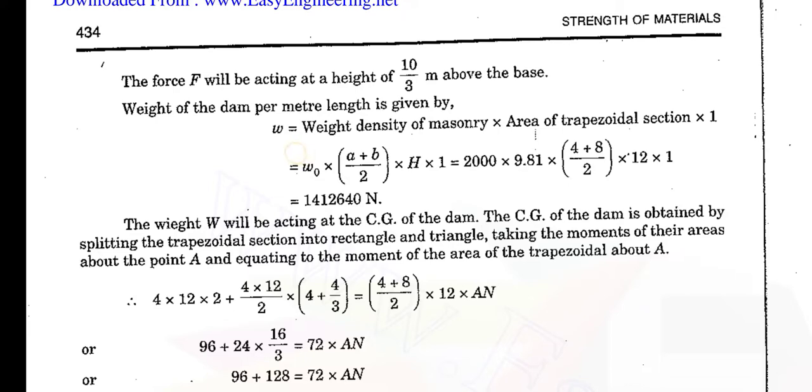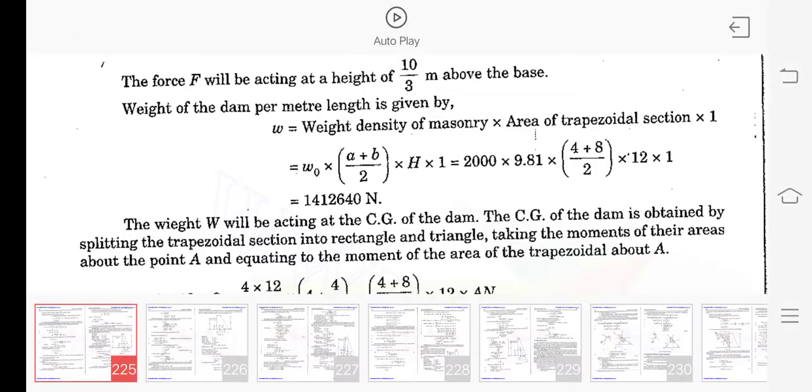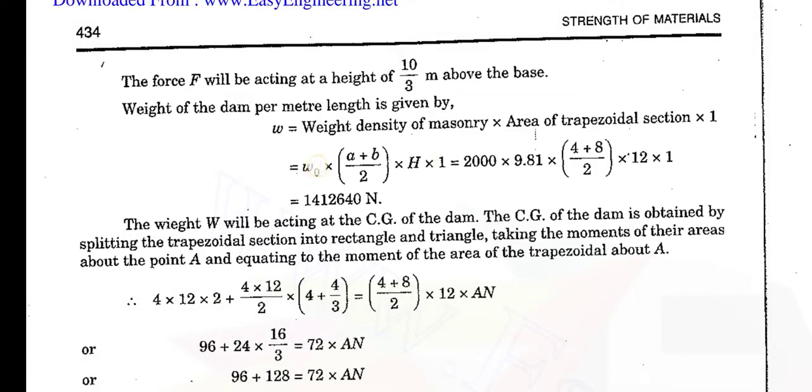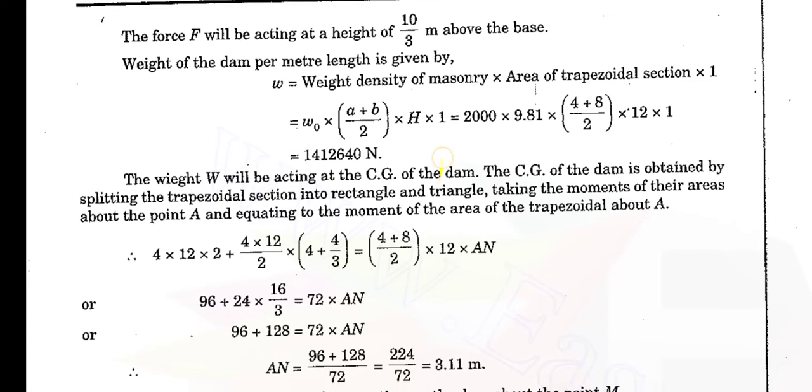Then the weight of the dam, capital W, we have to find out. For that, weight density of the masonry into volume of the dam. Volume is area into length 1, and area is (A plus B) by 2 into H into 1. So w naught is the weight density; substituting 2000 into 9.81, into (4 plus 8) by 2 into 12 into 1, it is 141,260 Newton.